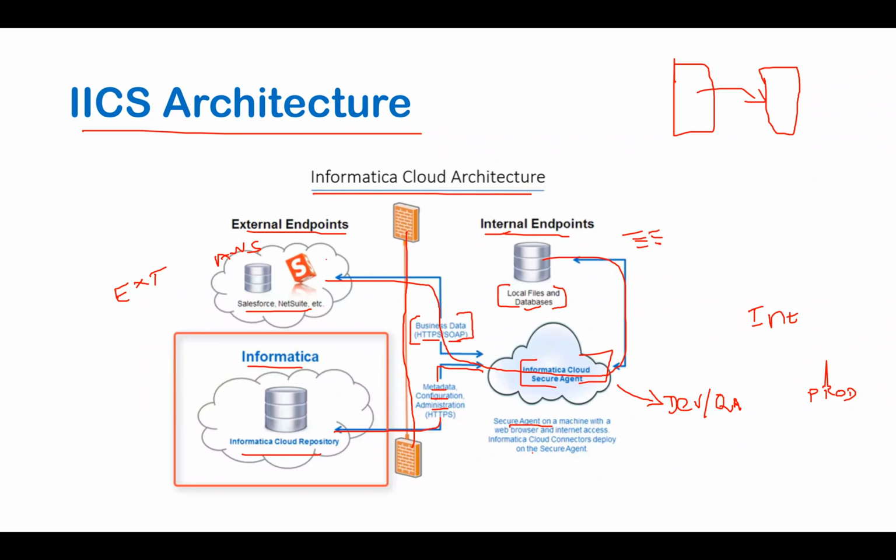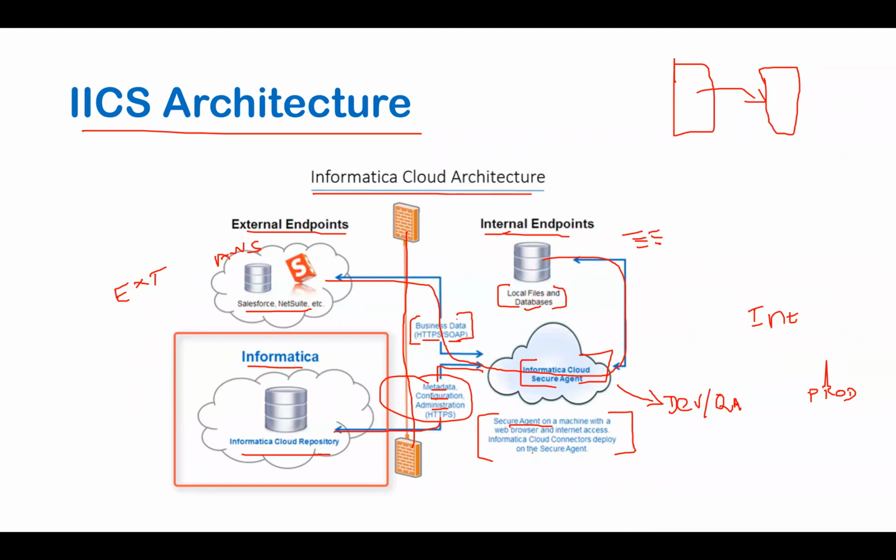To do this, all the metadata information will be stored in the Informatica Cloud repository, and the secured connection will be established by the Informatica Cloud Secured Agent. Business data will be transferred from internal endpoints to external endpoints, and all your metadata information will be stored in Informatica Cloud.